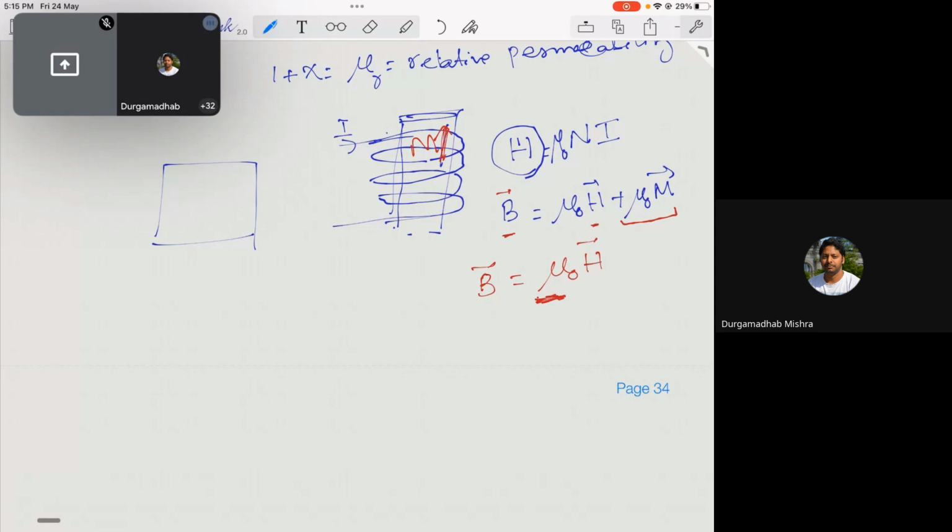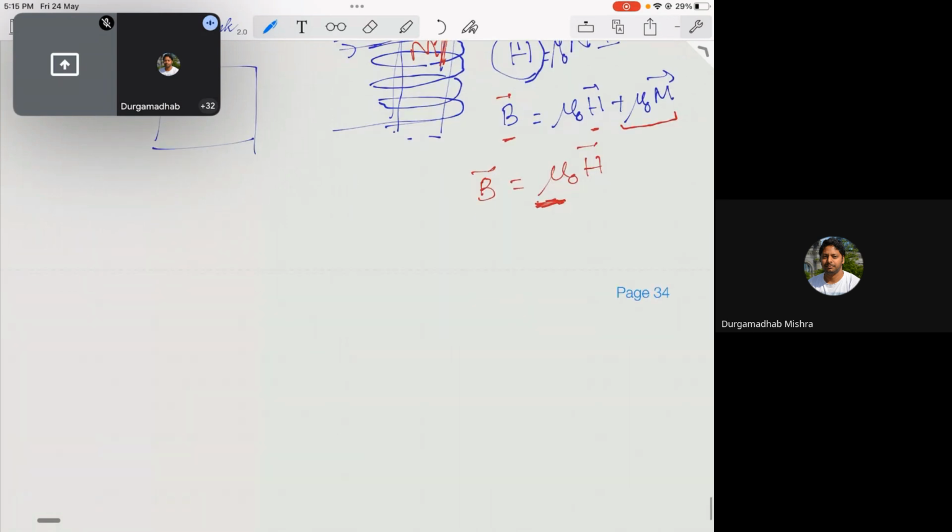Now the question is what kind of wave it is. I think you are familiar with this term: the electromagnetic wave is known as a transverse wave. Which means the propagation direction is always perpendicular to the electric and magnetic field.